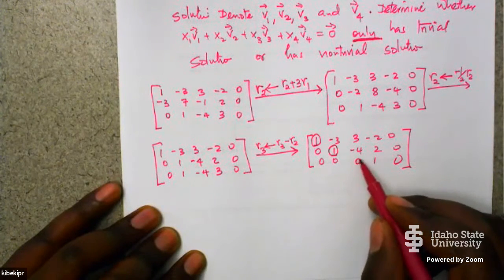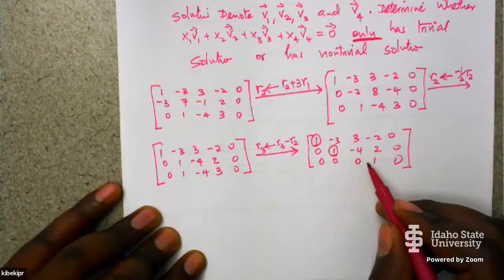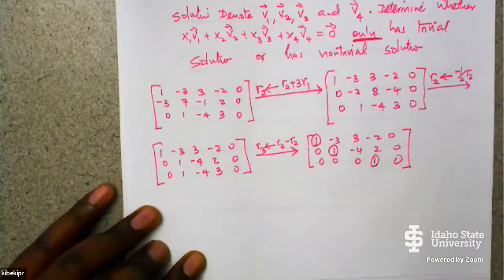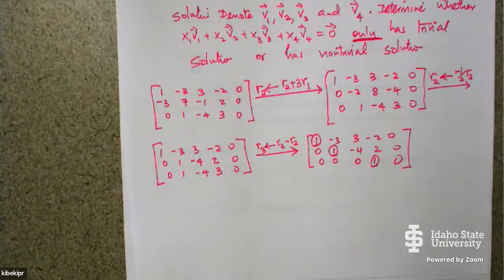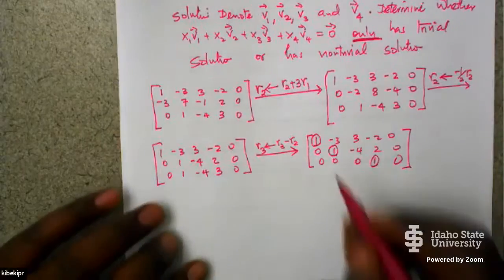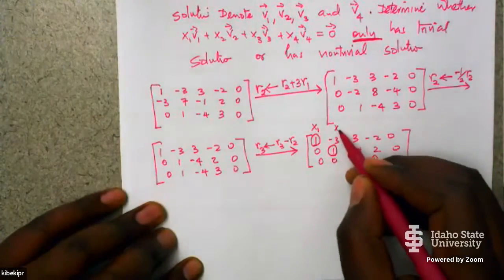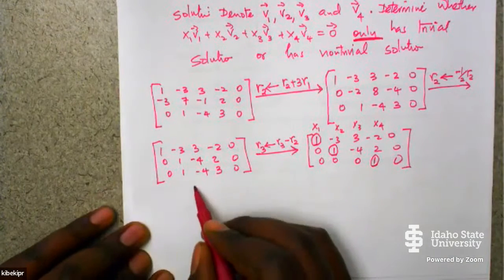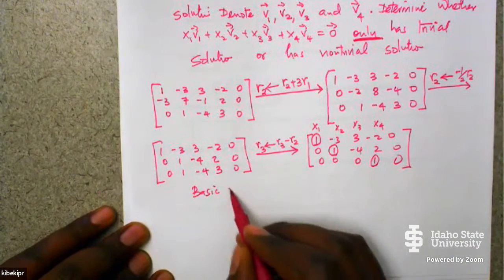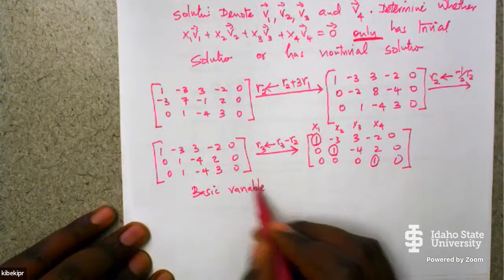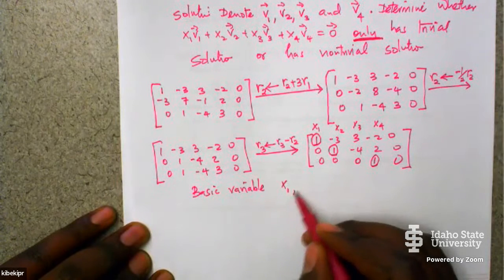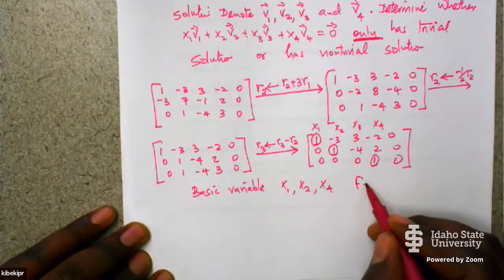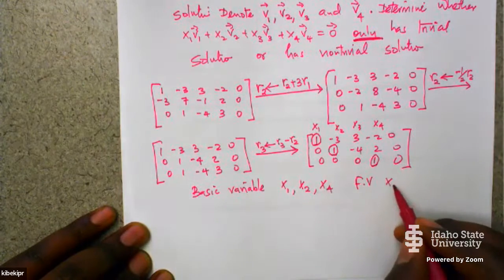Do we have our basic variable here? No, right? So this is x1, x2, x3, x4. Now our basic variables will be x1, x2, and x4, and our free variable will be x3.